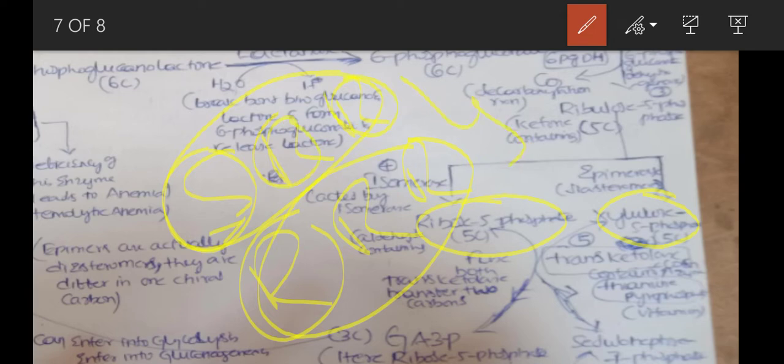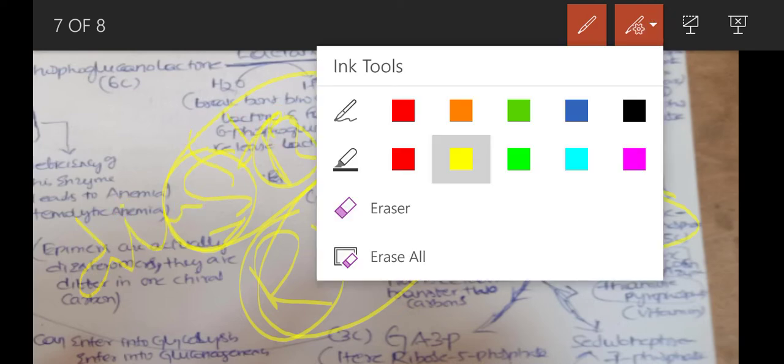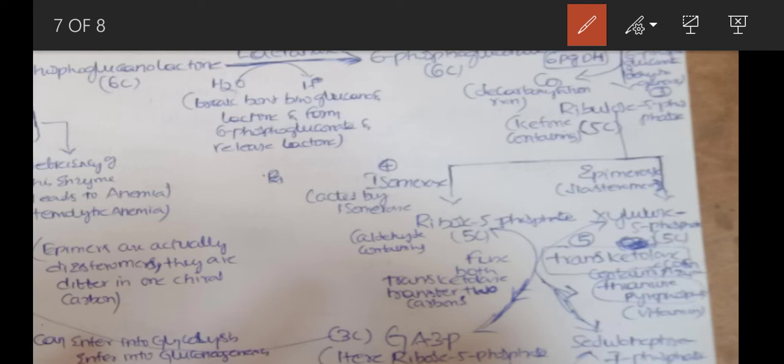These two are called diastereoisomers or diastereomers. So for ribulose 5-phosphate, xylulose 5-phosphate is a diastereoisomer.